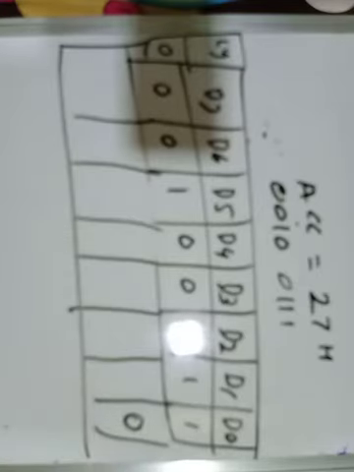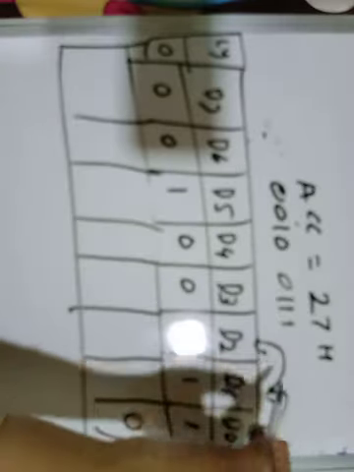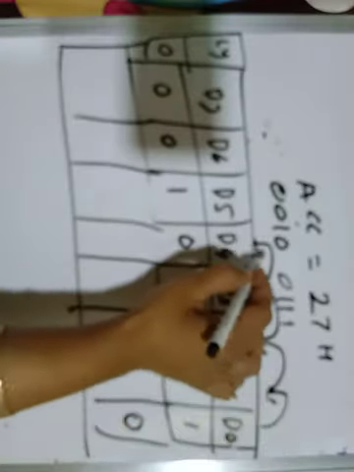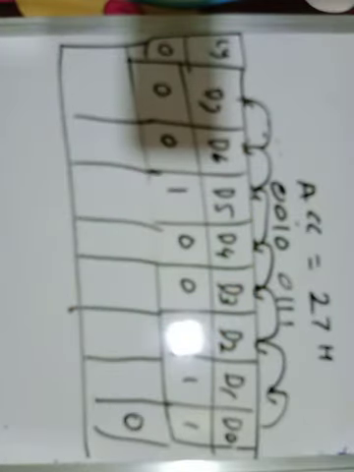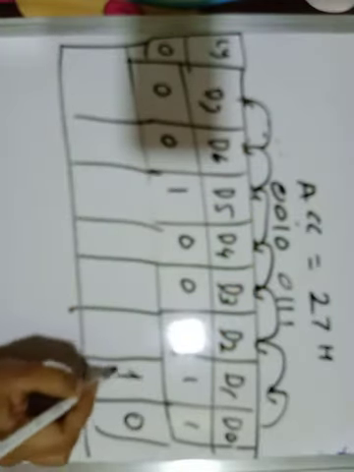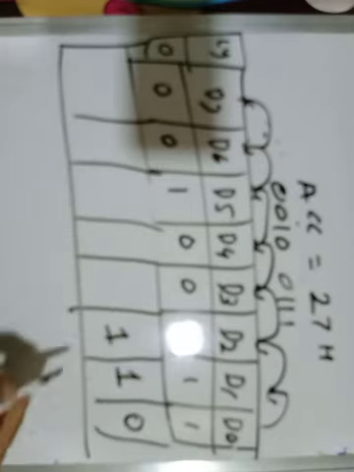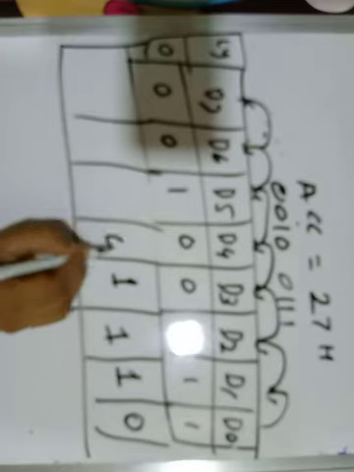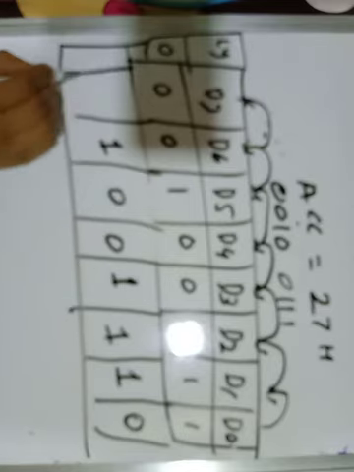And then afterward it will move like this: D0 to D1, D1 to D2, then D3, D4, D5, D6 and D7. Now D0 is 1, it will come here. D1 is 1, it will come here. D2 is 1, it will come here. Then 0, 0, here 1 and here 0.